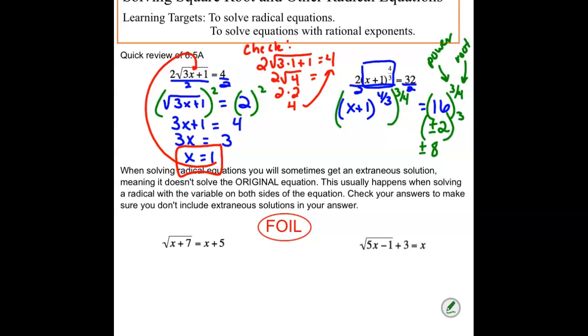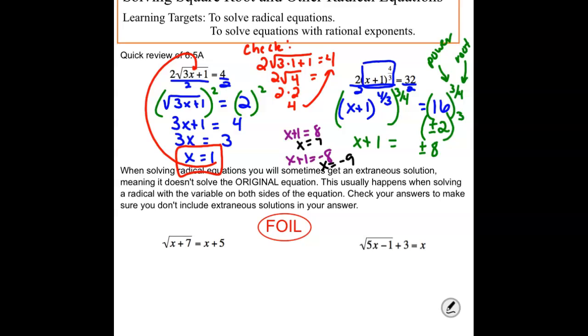On the left side, we end up with just x plus 1. So we have 2 equations that we have to solve now. We have x plus 1 equaling a positive 8, and we have x plus 1 equaling a negative 8. If we solve the top one, subtracting 1, we end up with x equaling 7. Subtracting 1 on the bottom gets us x equaling negative 9.